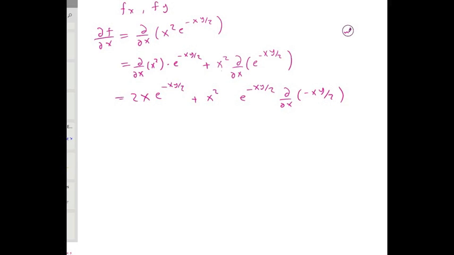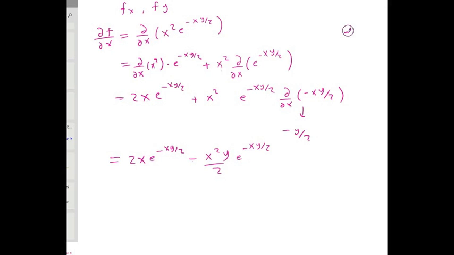And the partial derivative of that with respect to x is just negative y over 2, because y is a constant, 2 is a constant, we pull it out, and the negative sign, and then the derivative of x is just 1. So we rewrite this as 2x e to the negative xy over 2 plus, or minus, x squared y over 2 times e to the negative xy over 2.